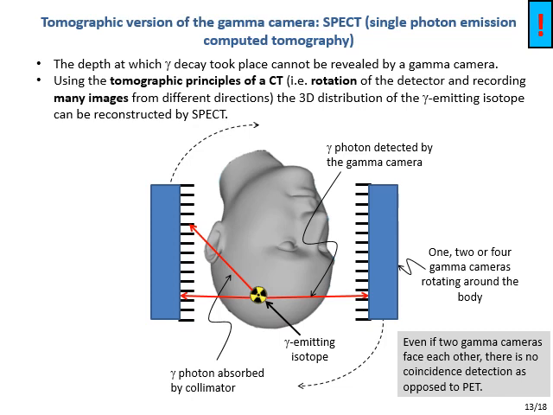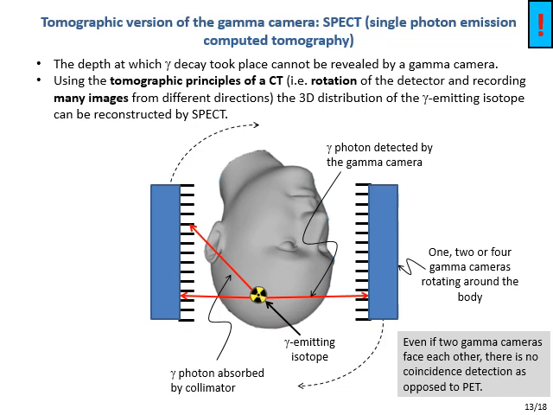As you may have seen in the previous slide, images produced by a gamma camera are two-dimensional images. So the third dimension, the depth information, is lost. So we cannot say at which depth of the human body the radioactive isotope accumulates.